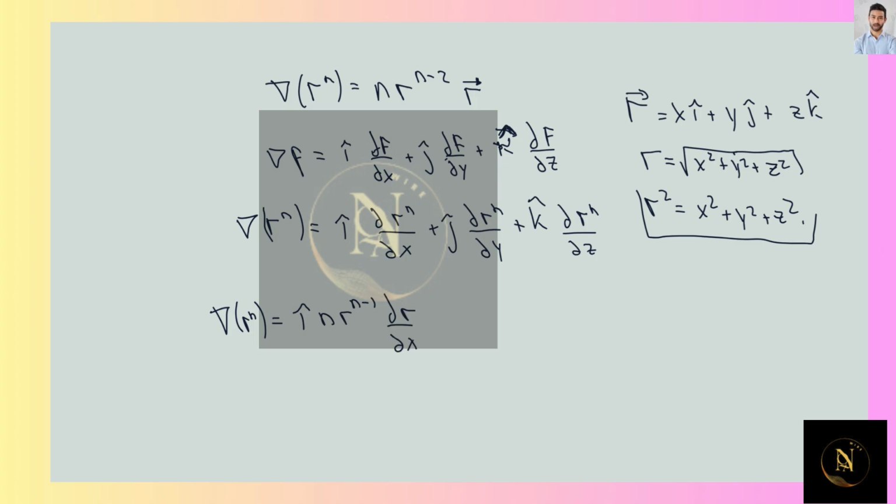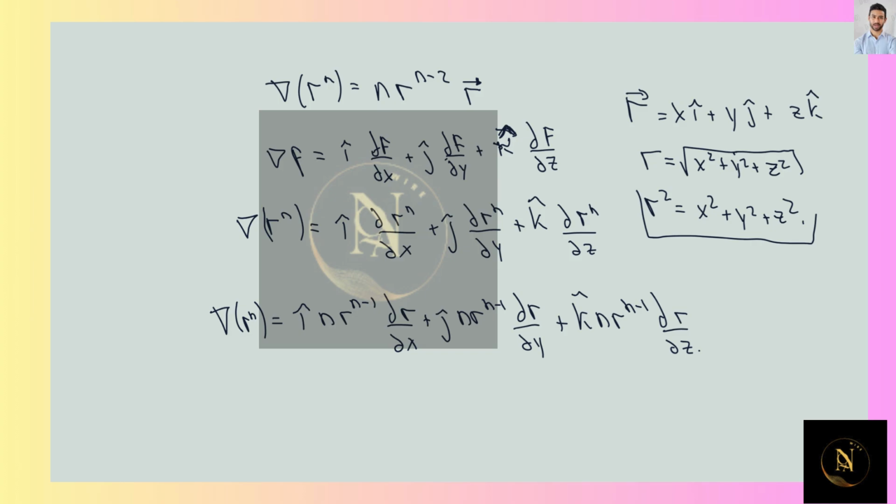Here I just applied the chain rule. Plus j times the same thing, n times r to the n minus 1 times the partial derivative of r with respect to y, plus k times n times r to the n minus 1 times the partial derivative of r with respect to z.